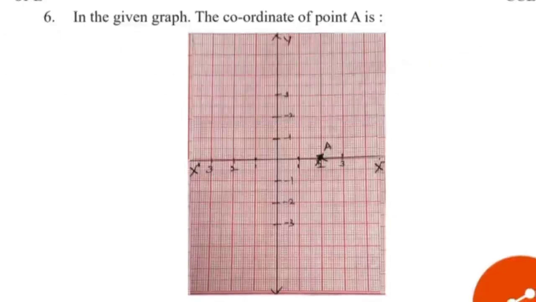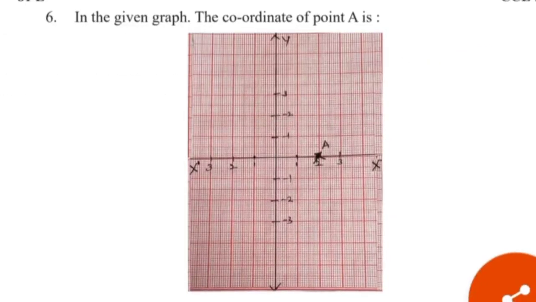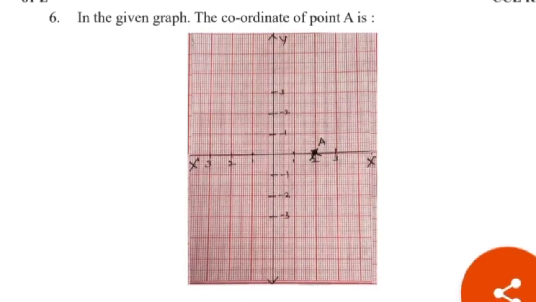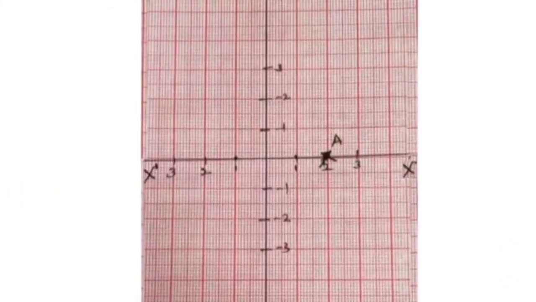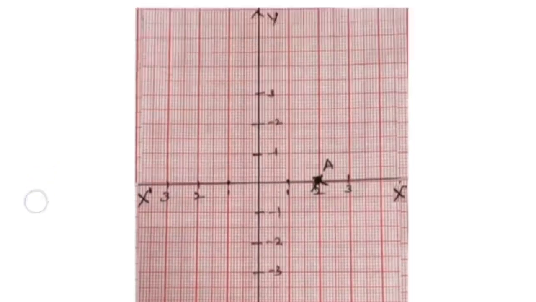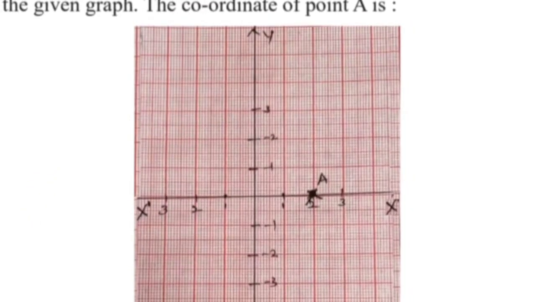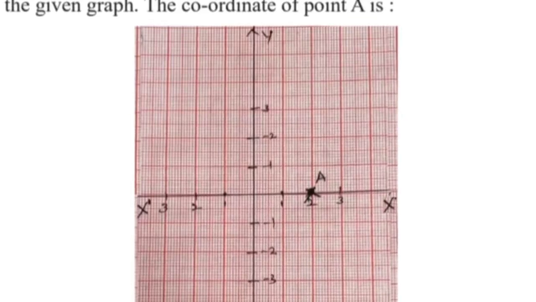Now the next problem is, in the graph, the coordinates of point A. Okay, just observe the graph, children. I'll zoom it. In the graph, the x-axis value always comes first, so you need to choose the x-axis value first.